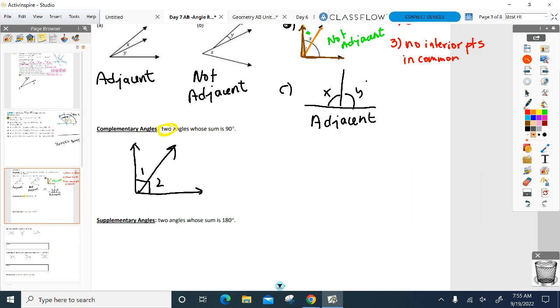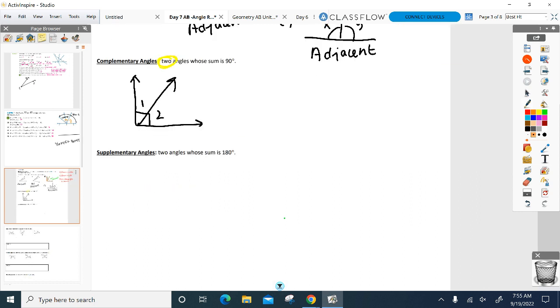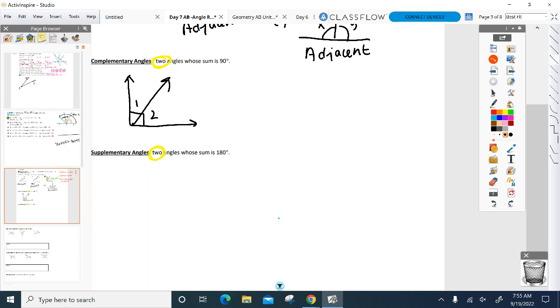Questions? Supplementary. Not add to 90, but add to 180. And I'm going to be detailed here. 2 angles again. It's got to be 2, always 2. Anything more, it's just angles that add to 180. Okay, here's how we'll see it. What did I just draw?